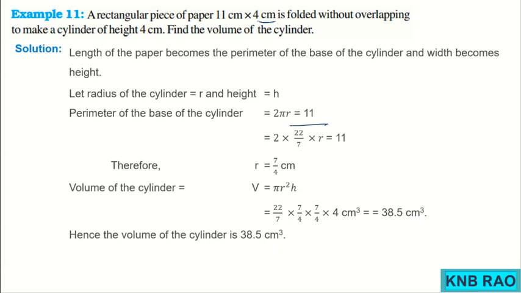So this question is important, you should know which suits here along the length, as in the previous question. About the width we have folded, a cylinder is formed, so length becomes the circumference of the base of that cylinder. Okay. So that you have to remember.